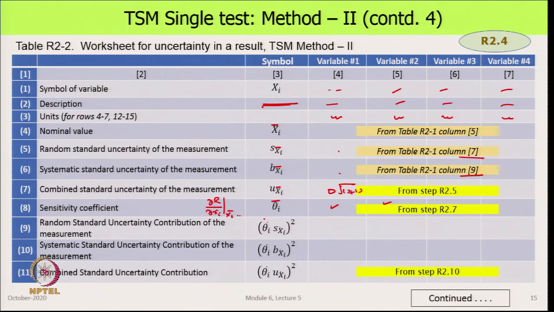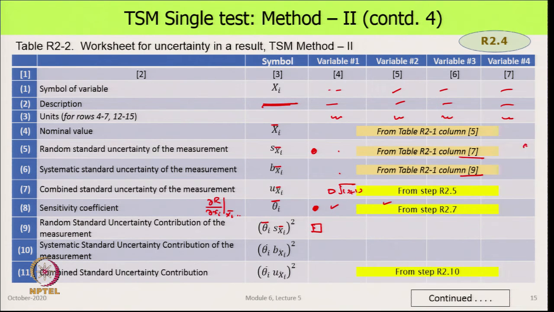The next step, we do the random standard uncertainty contribution of the measurement. So, what we do is we multiply and make the square of theta I bar, which is this one and this one, and calculate this one. So, this into this squared is this.